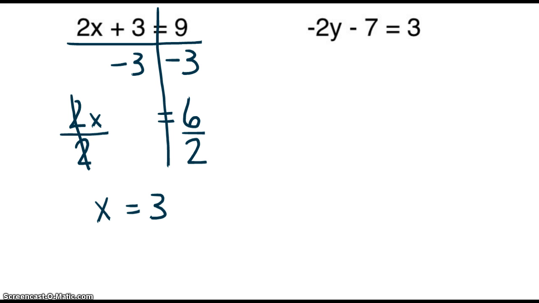Next equation, negative 2y minus 7 equals 3. Remember, our whole goal is to isolate the variable. In this case, it's the letter y. So we're going to add 7 on both sides. We're starting on the side with the variable, the letter y.